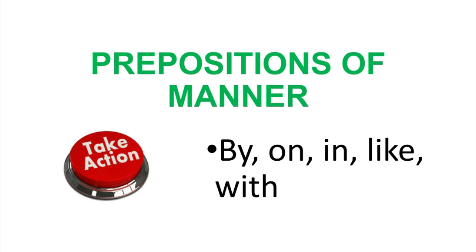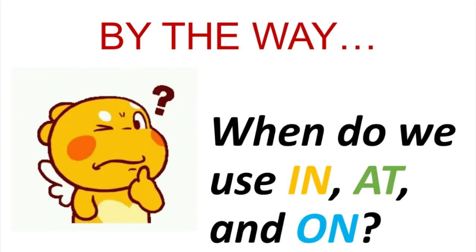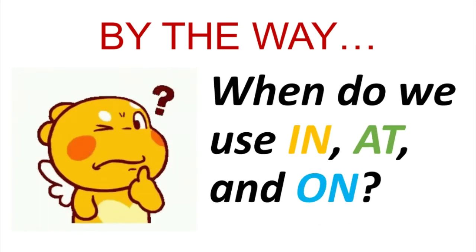So there are a lot of prepositions, right? But when do we know that we are using the exact preposition in a sentence? Recognizing prepositions can be challenging as they do not always follow a consistent pattern in terms of their position in a sentence. And by the way, when do we use in, at, and on?